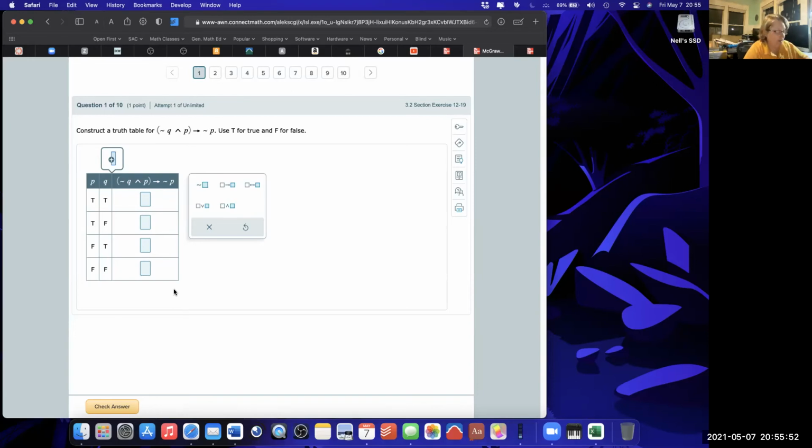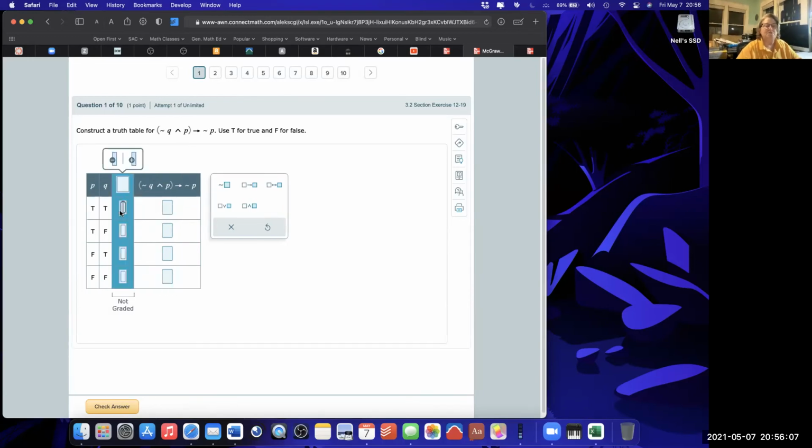The first thing we need is tilde Q. So please write down tilde Q is going to be false, true, false, true. In fact, since we all know what this column represents, let's go ahead and see if it'll let us put false, true, false, true. Now this is so weird.